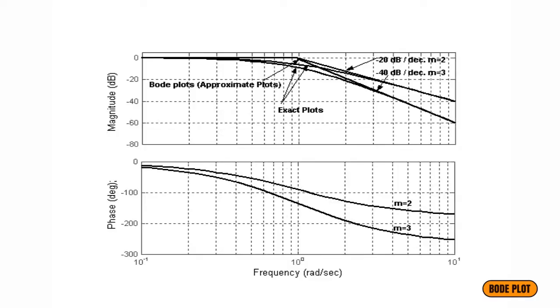Here, m equal to 2 means we are getting 40 dB. M equal to 3 means we will get 60 dB per decade. This is a mistake. It must be m equal to 3 here and m equal to 2.